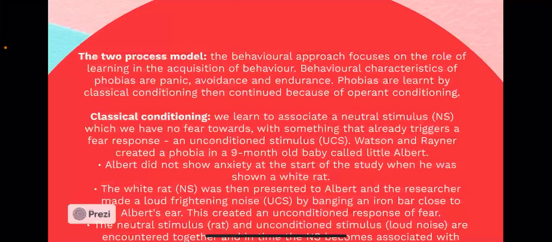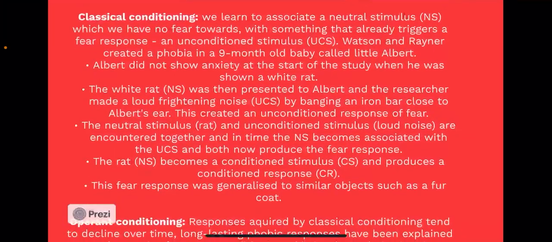Behavioural characteristics of phobias are panic, avoidance, and endurance. Phobias are learnt by classical conditioning, then continued because of operant conditioning. So the two-process model is basically the idea that they're learnt by classical conditioning, then they're maintained because of operant conditioning, and we'll have a look at both of those.